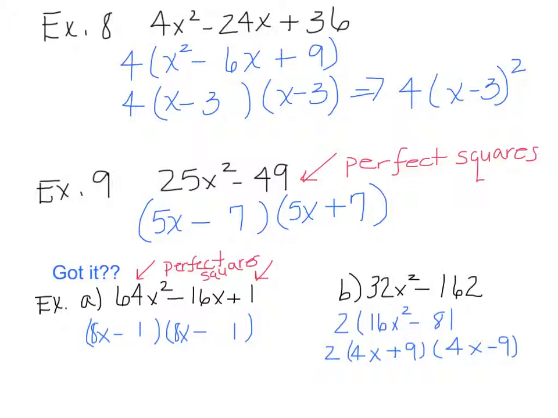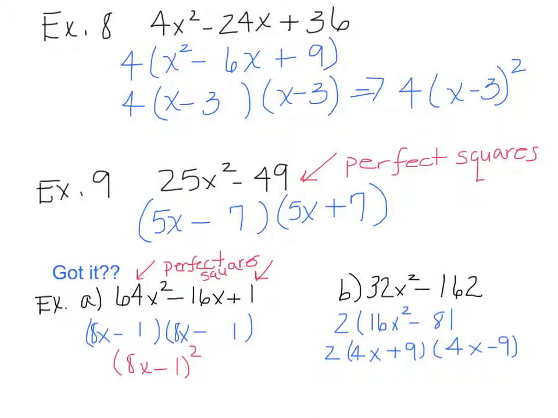Since we need a positive 1, and a -16, they both have to be negative, because -8 and -8 make -16. Or if you want, you can write it like 8x minus 1 squared. So either one of those is correct.